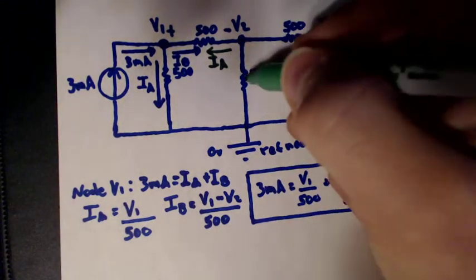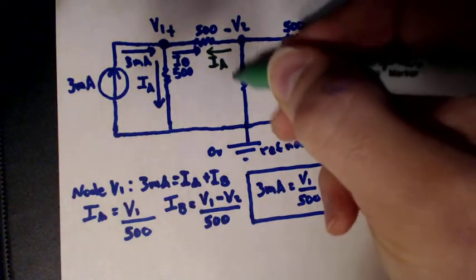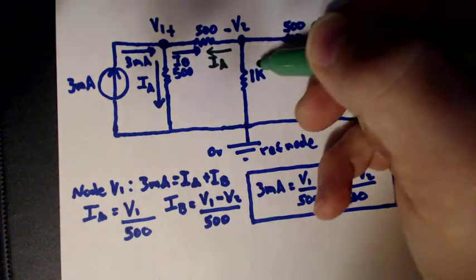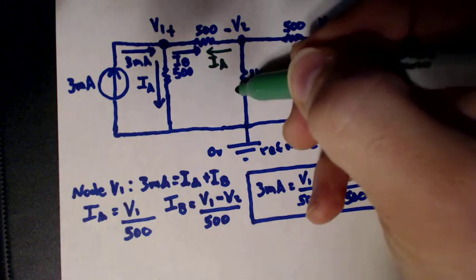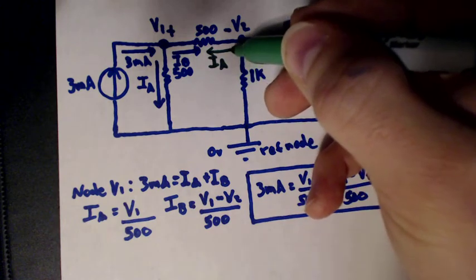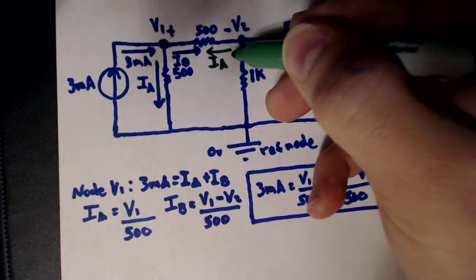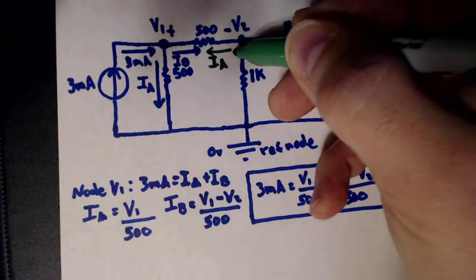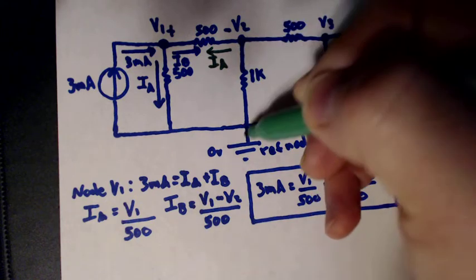Okay, now let me go ahead and list out what the current is going to be for this 1K. Now for this 1K, I could pick my current to go up. Totally could. There's nothing wrong with that. I would have to add in a minus sign to account for that.